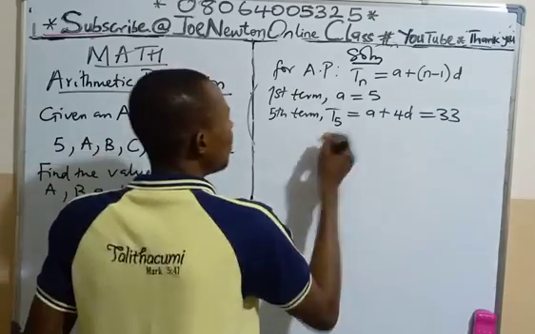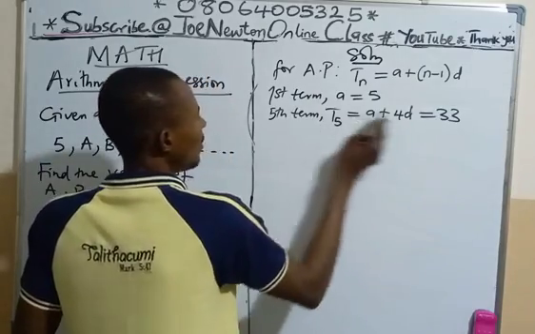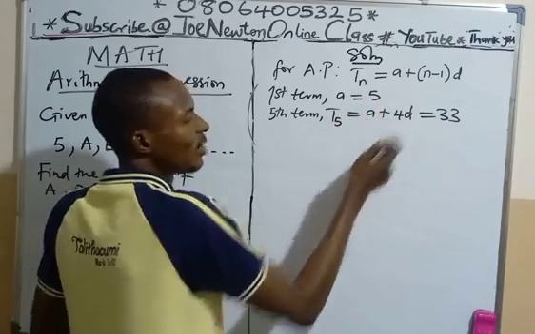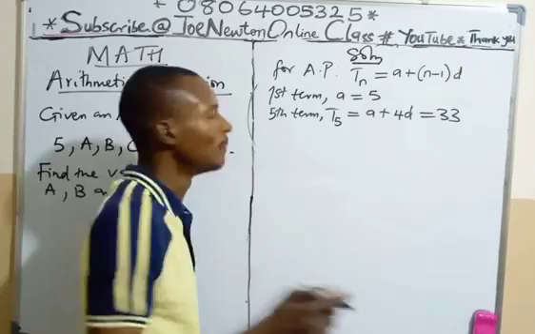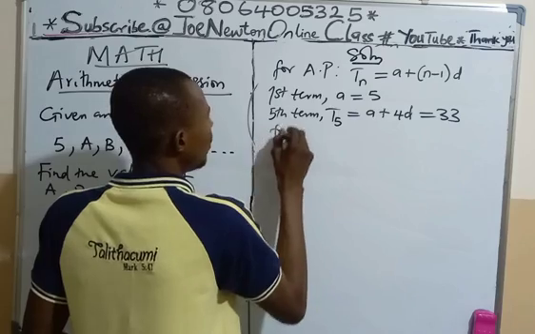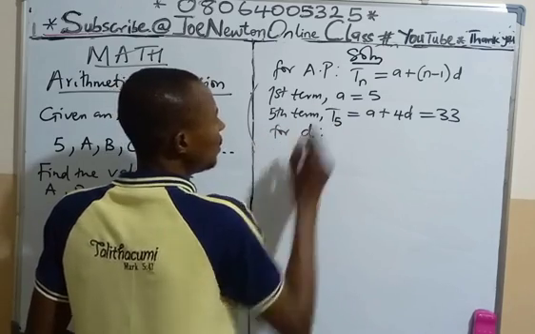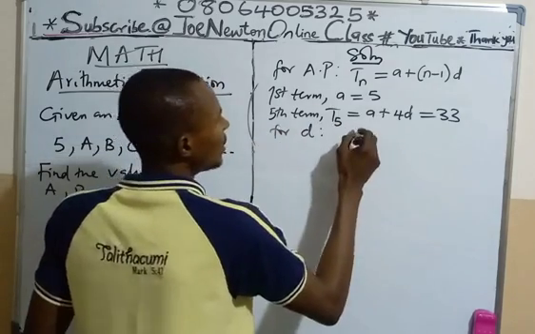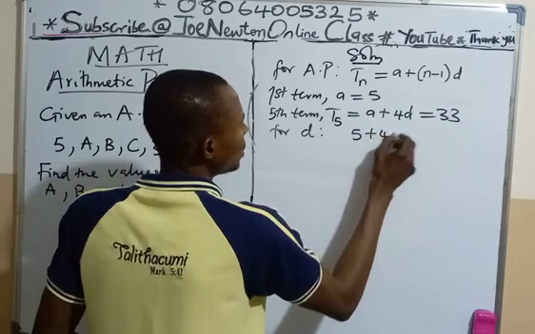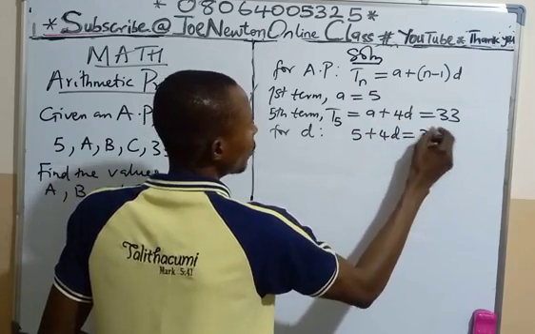Since this is our fifth term, we can substitute 5 for A here and get the common difference, D. We have that 5 plus 4D is equal to 33.